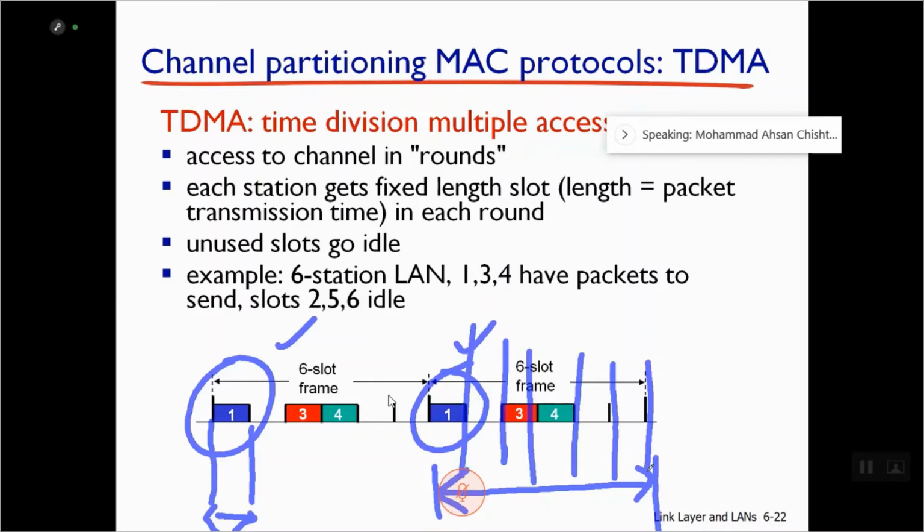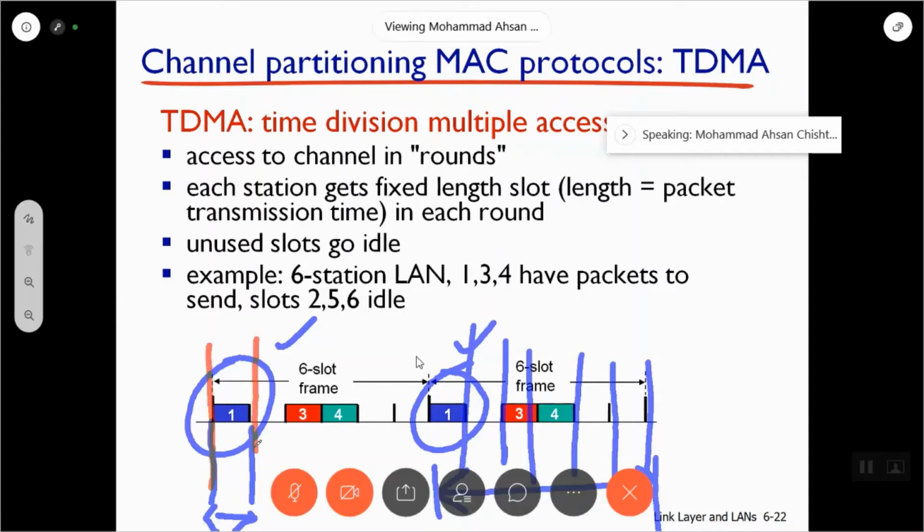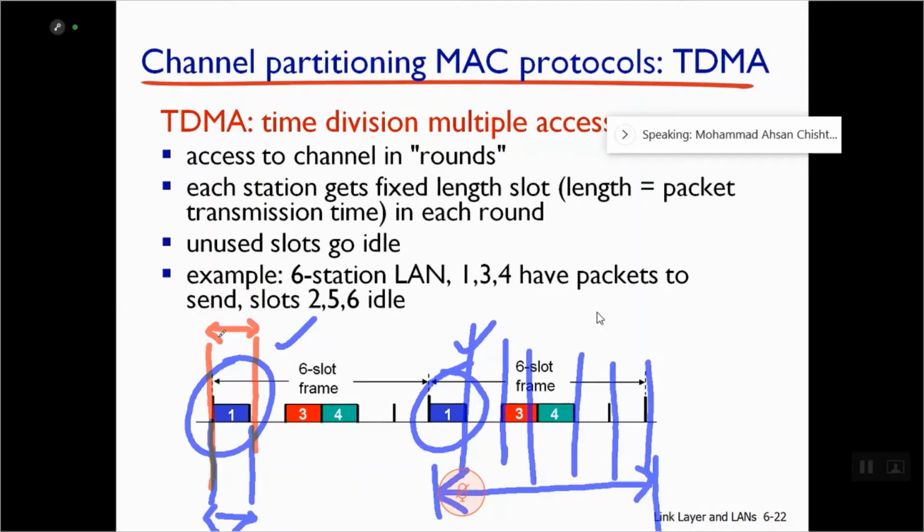What we are speaking about here is time. Now, generally, you see there are 6 slots. Generally, the slot is chosen such that during the time that node 1 got, which I am showing in red, one frame of data link layer should be transmitted.